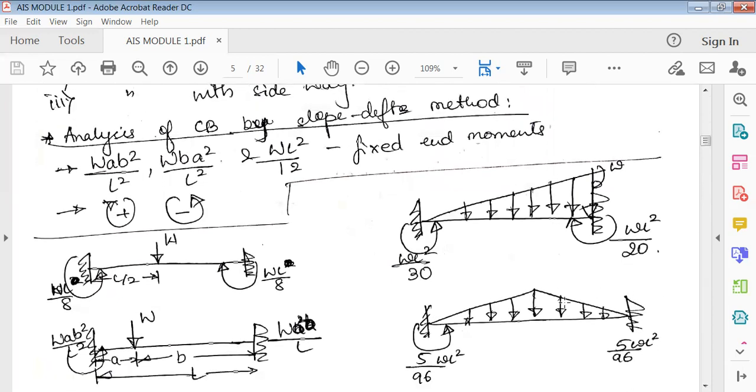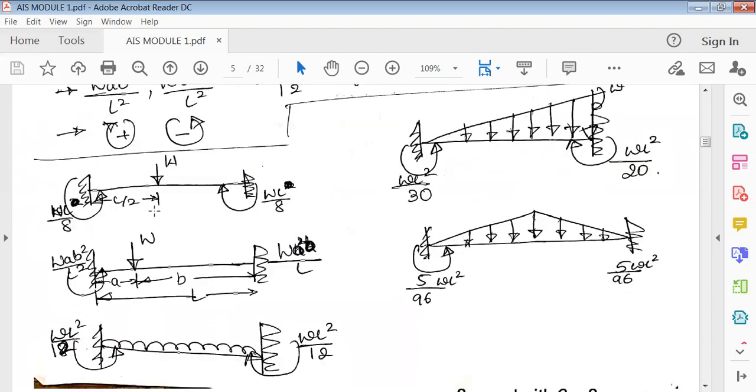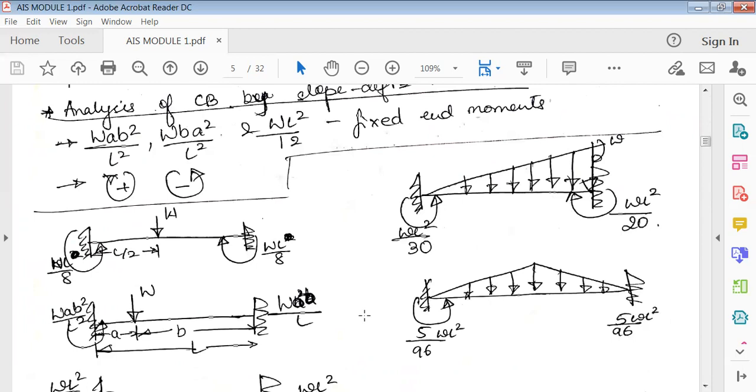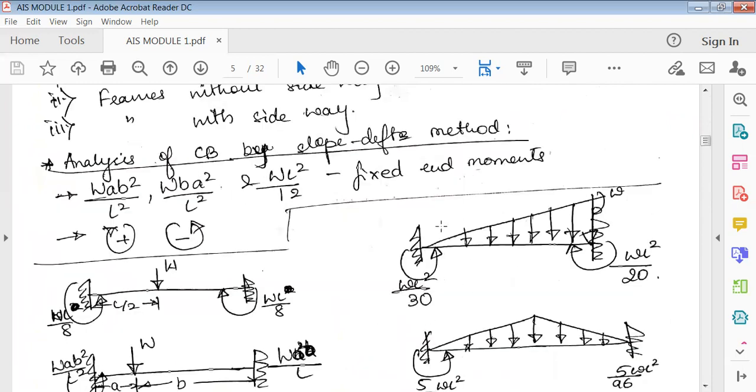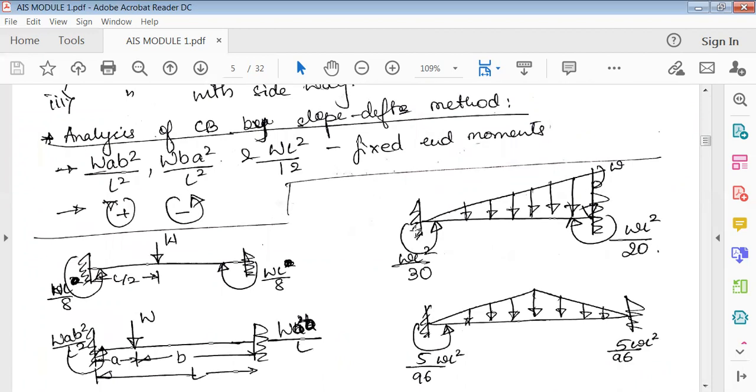The next type: usually for your syllabus and your exam, you'll have these three possibilities, 1, 2 and 3, but at times you should also know the possibilities for a uniformly varying load. There are two cases in this.